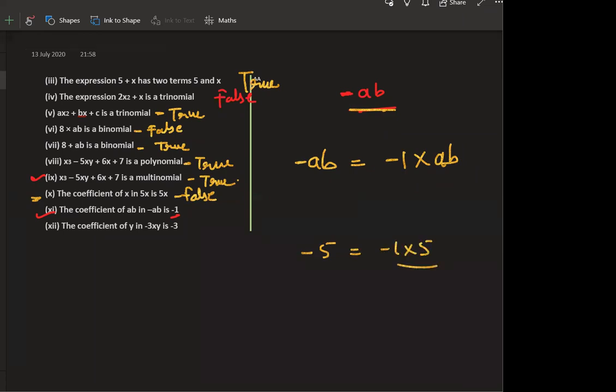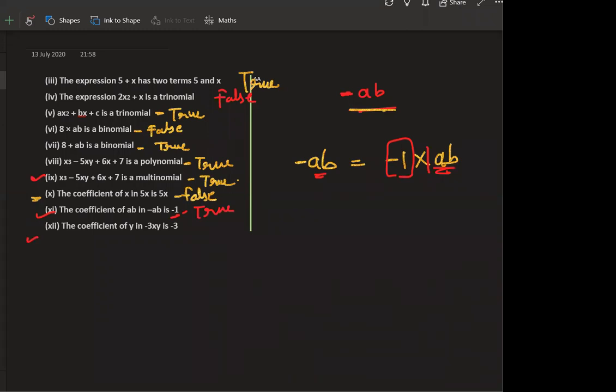It is written this way, but we write it like this. For example, -10 is written, so it is actually -1 into 10. In the same way, if minus AB is written, it means -1 into AB. So now read the question. The coefficient of AB in minus AB is -1. So yes, this is true, because the coefficient of AB is -1.